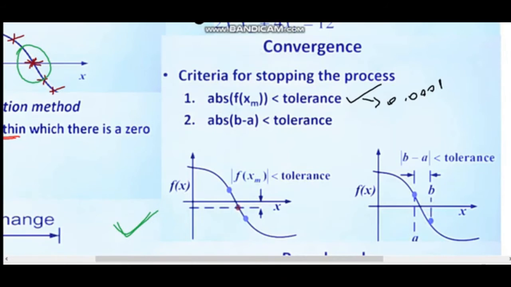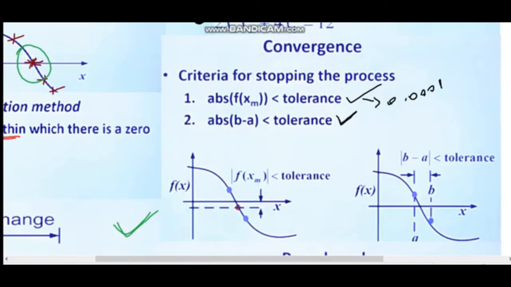Which means that f of x is almost equal to 0, and the corresponding value of x m will be your solution. Otherwise, you can also take this condition, that is the absolute value of b minus a is less than tolerance, that is the difference of these endpoints, b minus a.